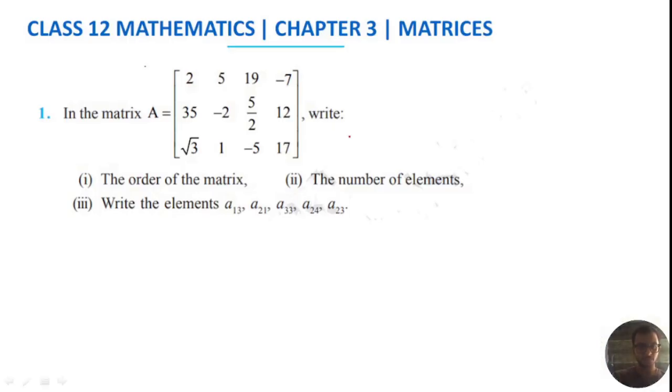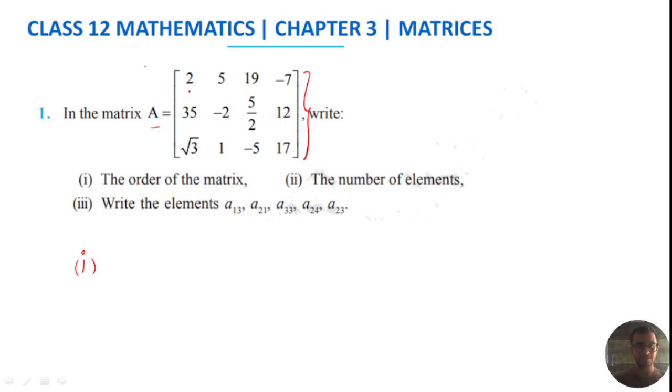So what is the first question? In the matrix A given as this, the first question is the order of the matrix. So how do we find the order of the matrix? As we did in the introduction part, the order of the matrix is given by number of rows cross number of columns.